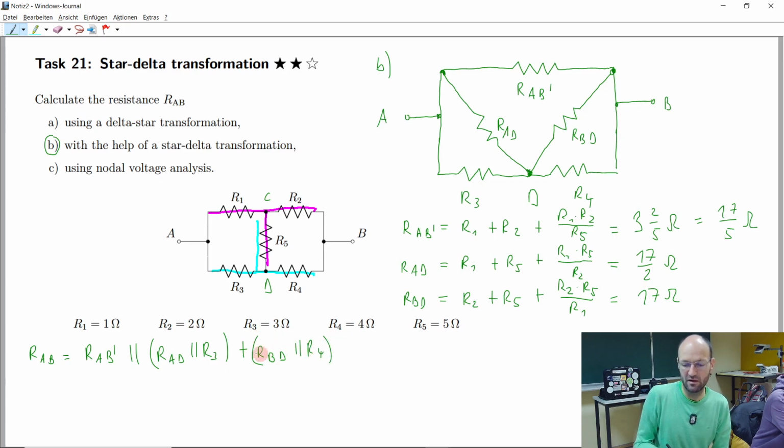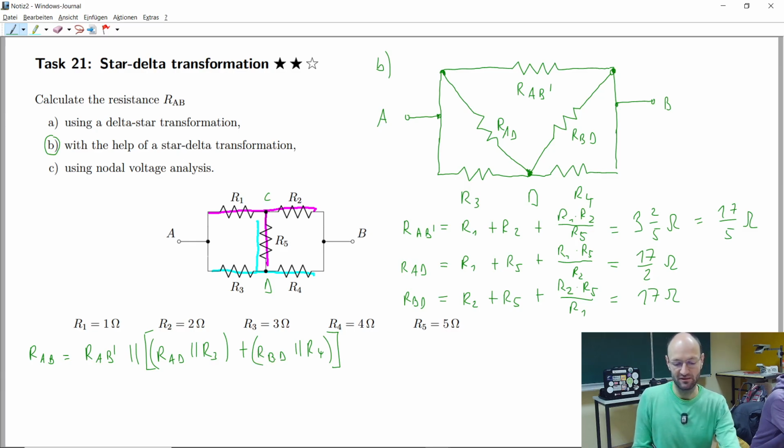And okay, the parallel connection is like a multiplication, so this is what you would calculate first. So I don't need this parenthesis here really, but before calculating this parallel circuit, for sure we need to do this plus calculation there.